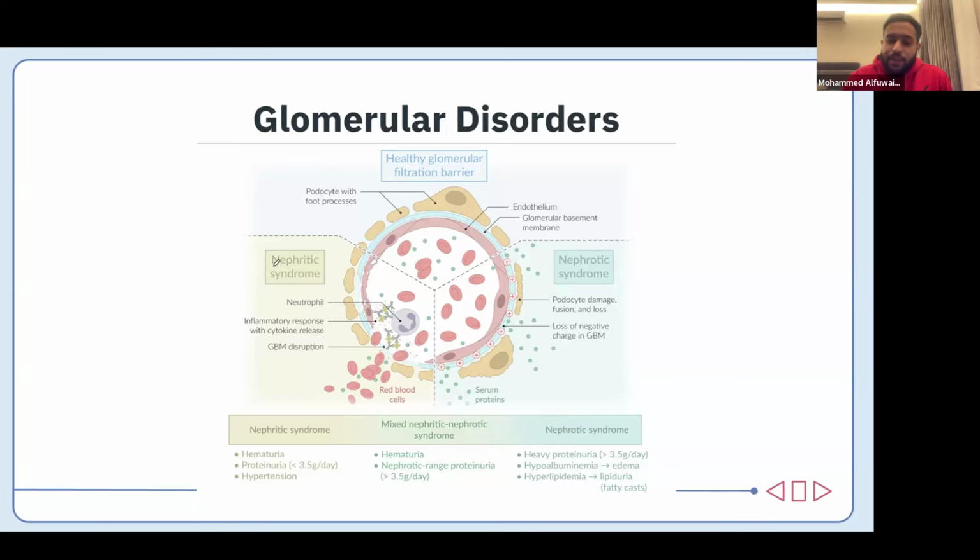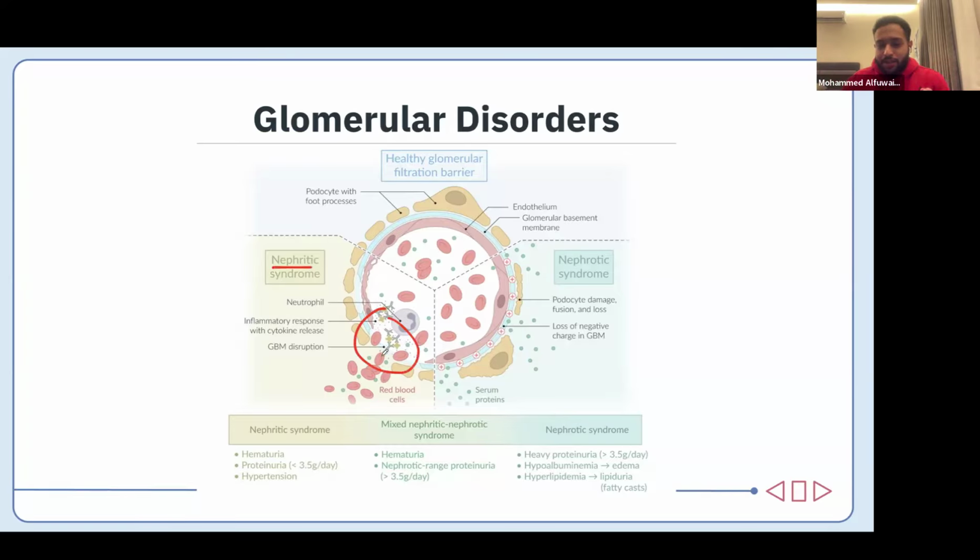Now, what happens in nephritic syndrome? As you'll see, when I describe each of these diseases, all of them will have something in common, which is antibodies. Most of them will have some certain set of antibodies attacking the glomerulus. What will happen with antibodies damaging the glomerulus? Inflammation. So it will destroy the barrier.